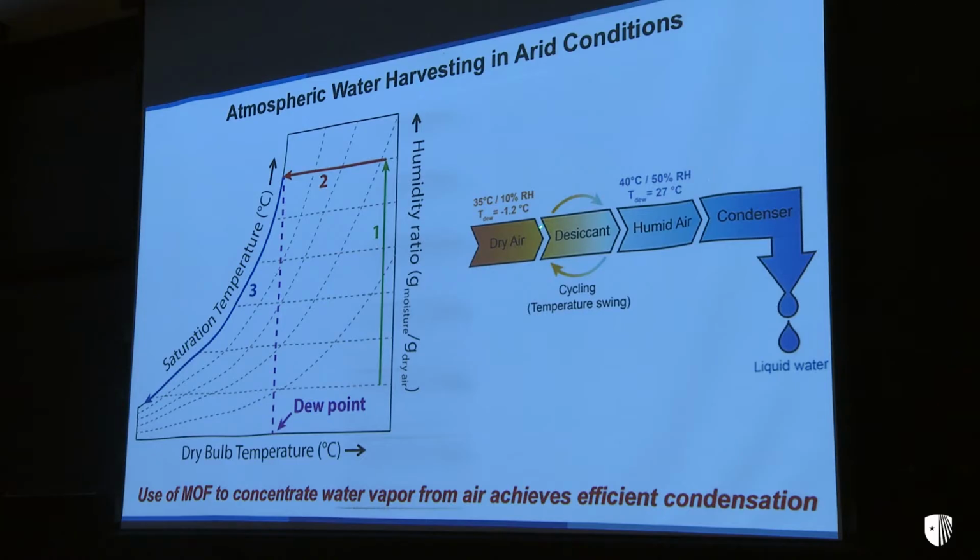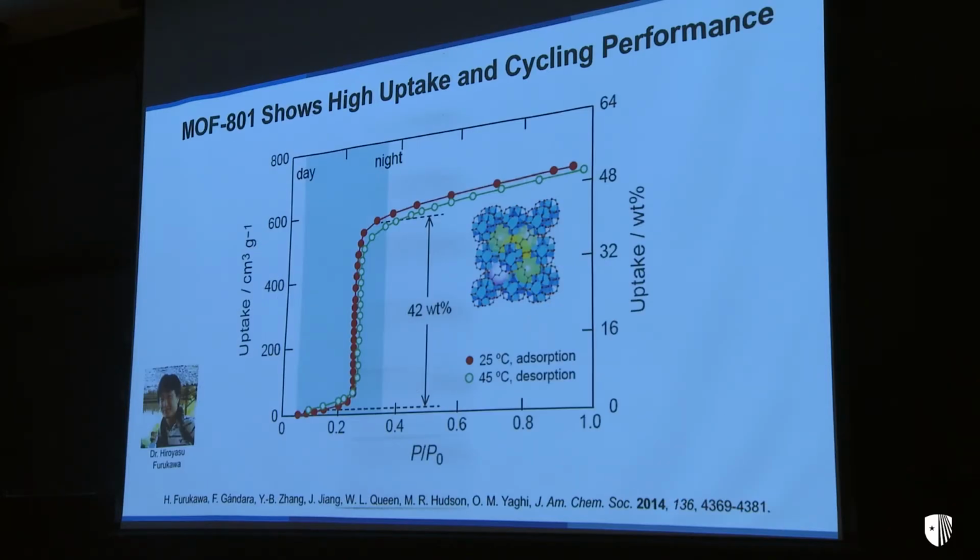And so our idea is to take dry air where the dew point is less than 0, put a desiccant in, a MOF desiccant that traps water from this atmosphere, and now your dew point is 27 degrees Celsius. Okay? And now you can condense the water. And so we discovered this while we were studying CO2 capture and separating CO2 from water and the function of water in the separation.